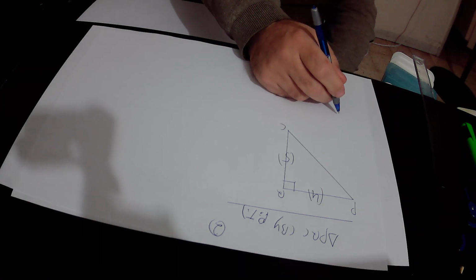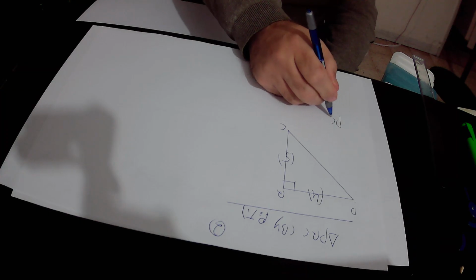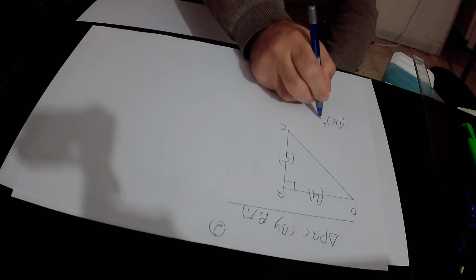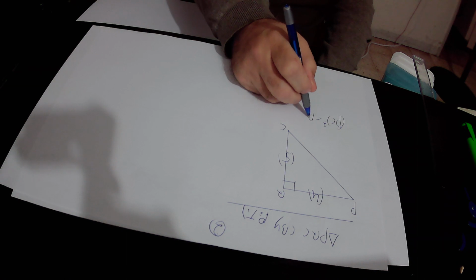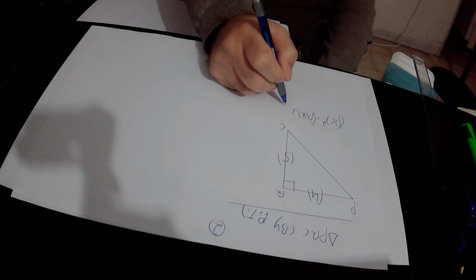PC squared, that is the square of the hypotenuse, equals PQ squared plus QC squared.